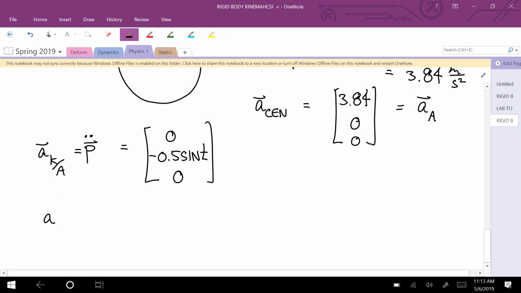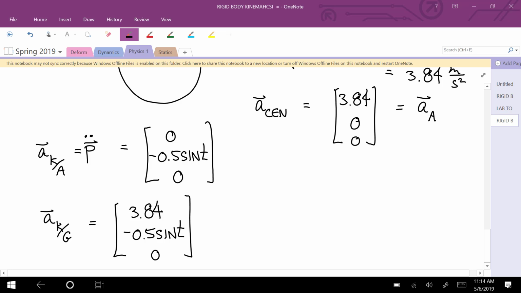And so the acceleration of the kid relative to the ground is 3.84, negative 0.5 times sine of t, 0.